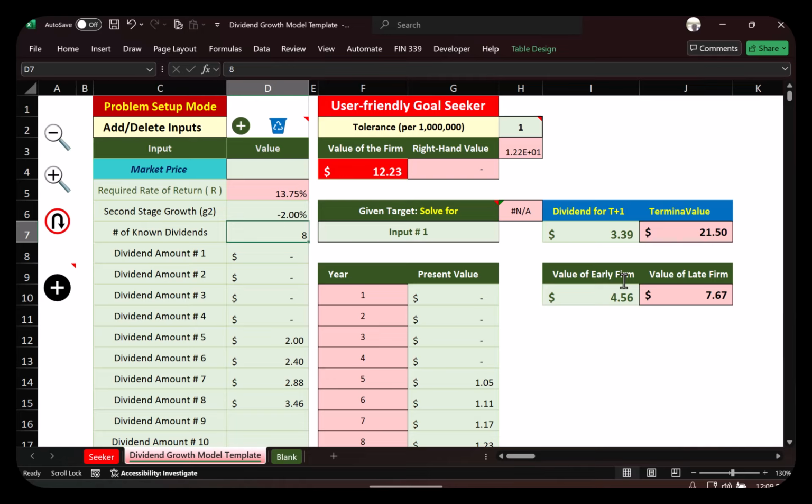Done. Just be careful that a decrease means negative growth. All right? So based on that, that's 12.23. If I was increasing by 2%, 15.26. Whatever that number may be.